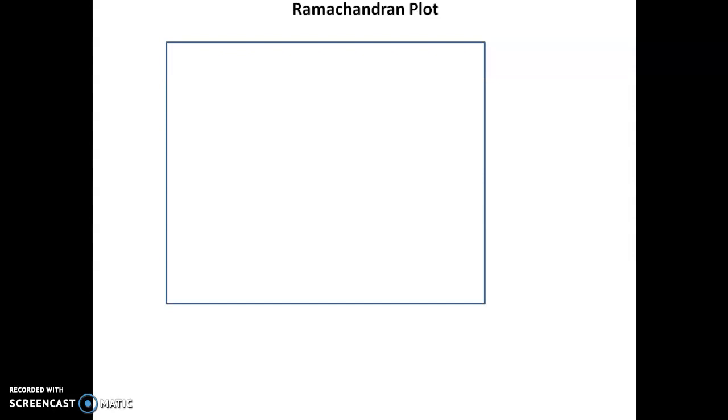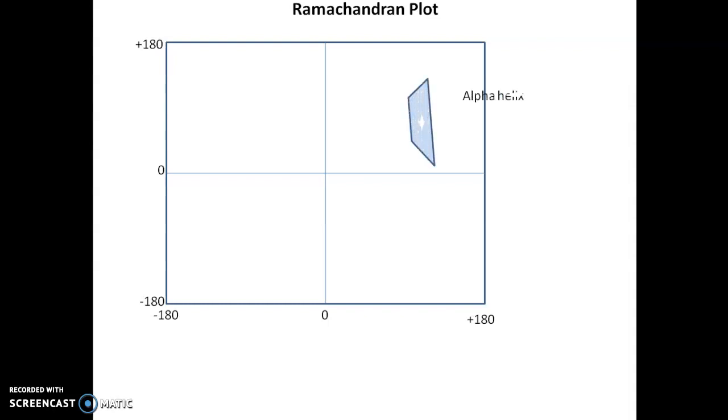Here we have a Ramachandran plot in which the x-axis represents the phi angle, while the y-axis represents the psi angle, and both range from minus 180 to plus 180 degrees. The main purpose of this plot is to locate the phi and psi angles within the quadrants, and from the figure we can see that all the alpha helices lie in this quadrant.